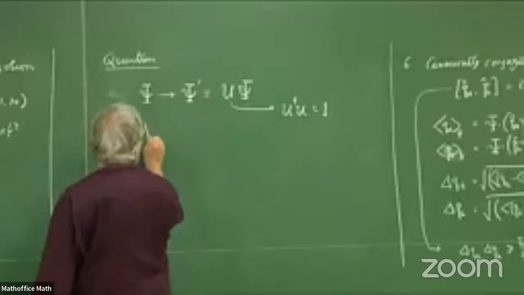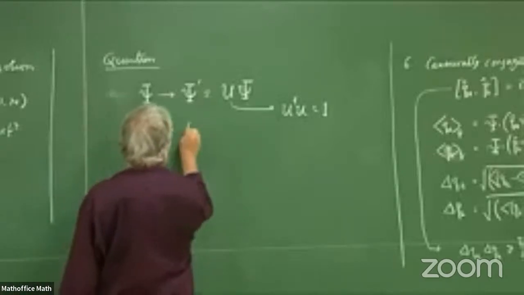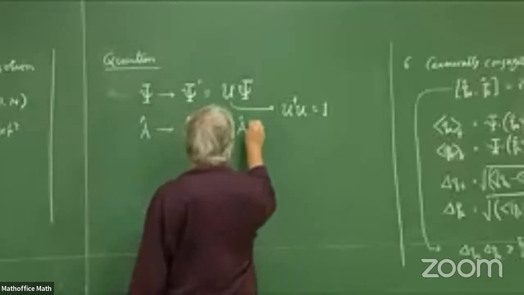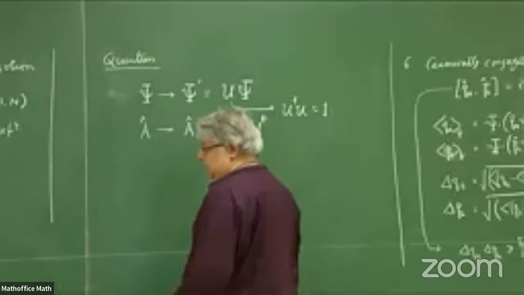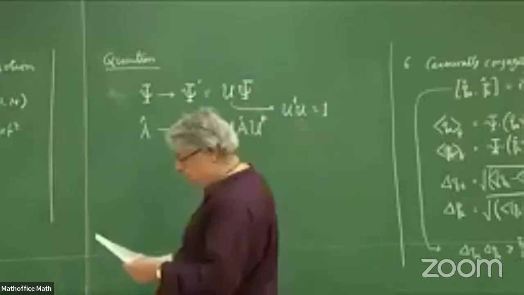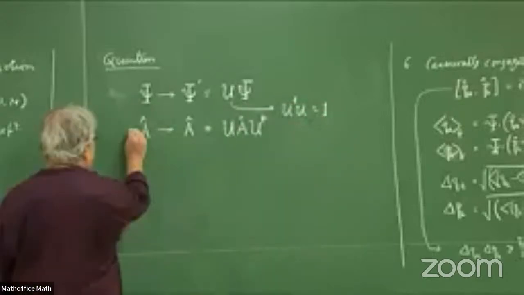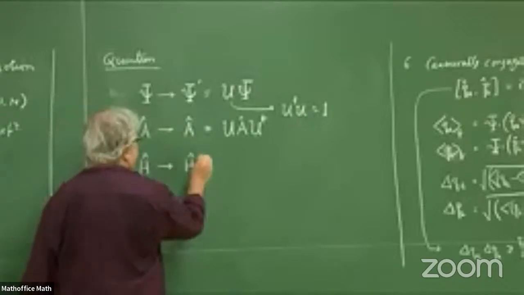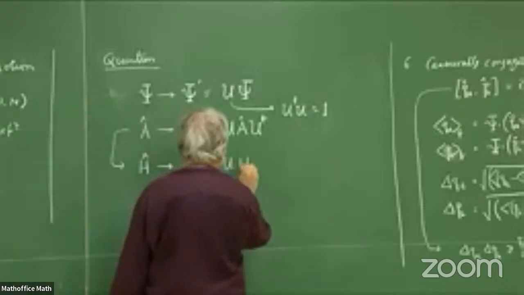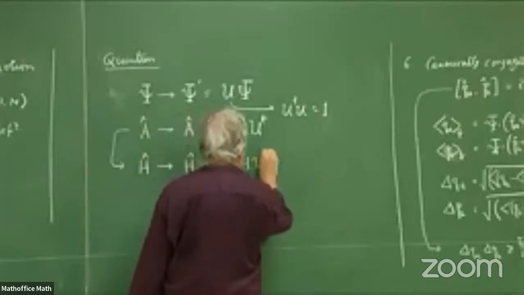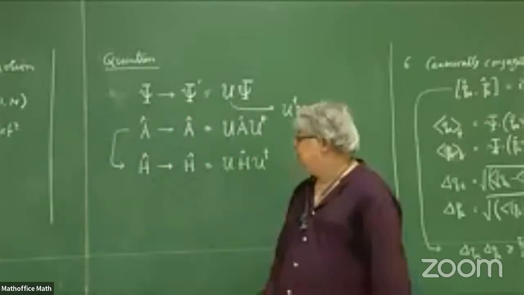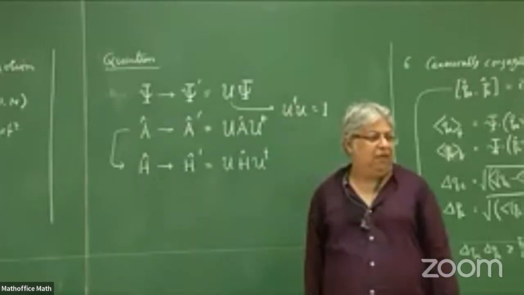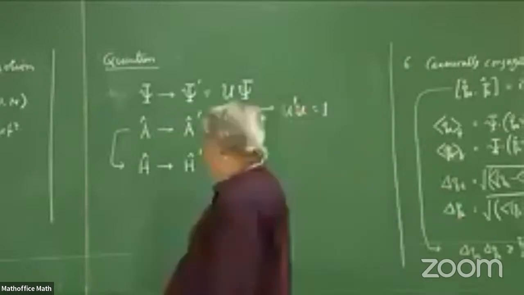What happens for an operator? The operator will of course be equal to U inverse times the operator times U. This is going to be true for the Hamiltonian also. So the Hamiltonian will also transform as U inverse H U.